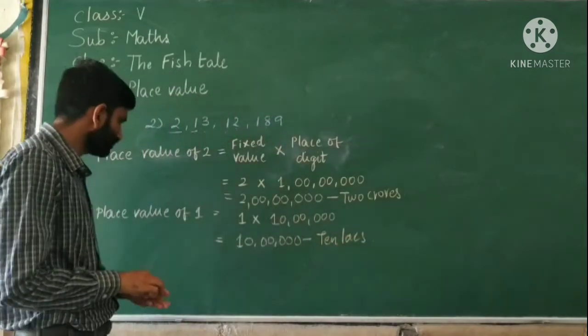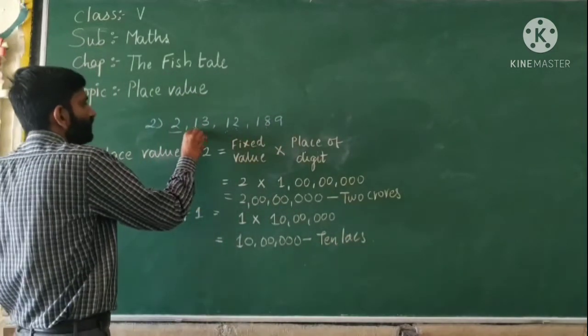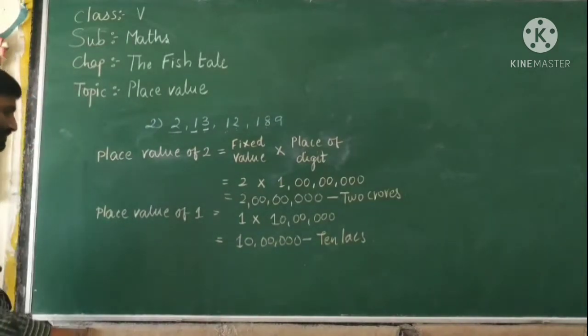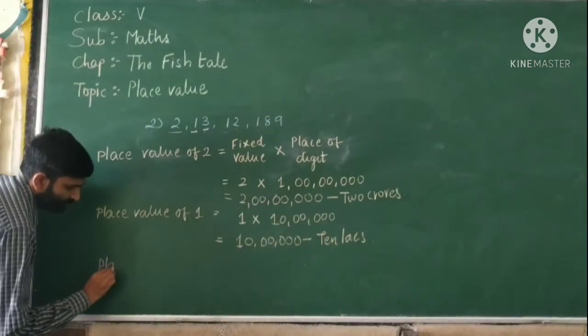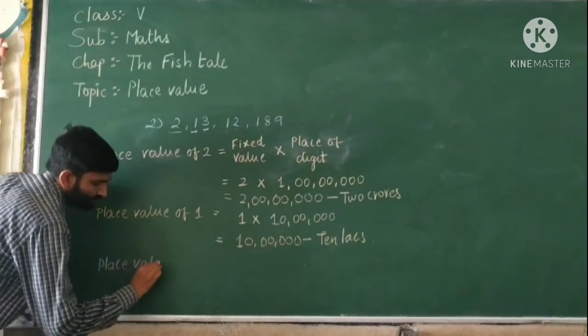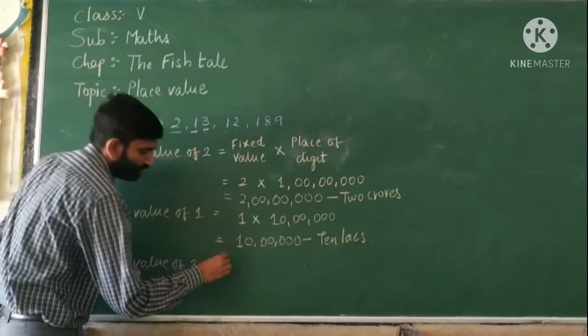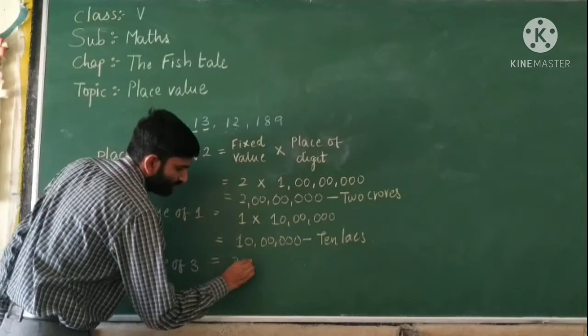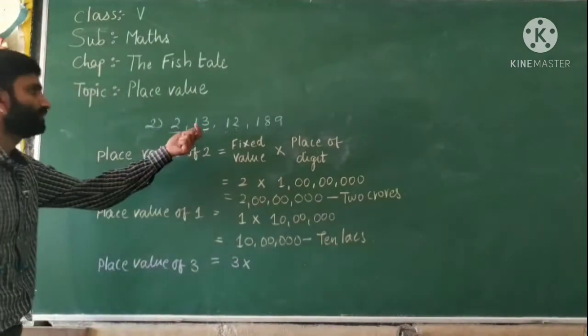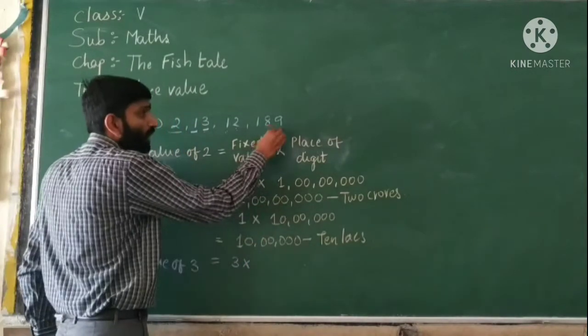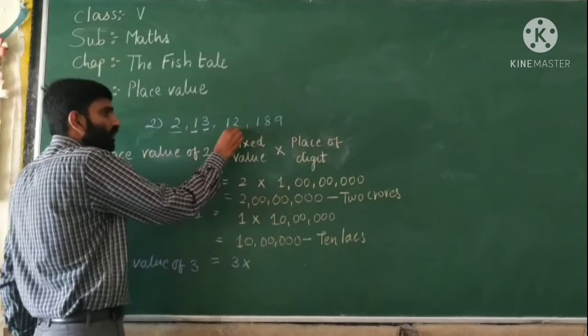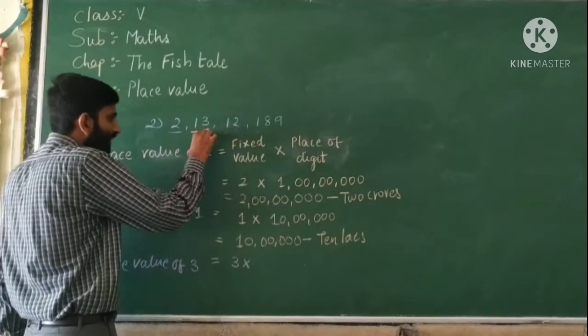Okay. Now we'll find out the place value of 3. What is the fixed value of that number? That is 3 itself. What is the place of that number? Ones, tens, 100, thousands, 10,000s and 1 lakh. It is 1 lakh.